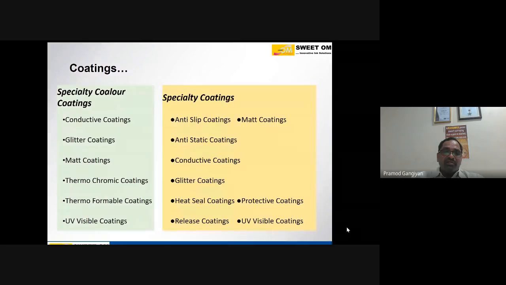We can also have something different, which is big glitters. Of course, it is not available in the automobile industry, but it is available in pharmaceuticals, in perfumes, and in high-end products like cosmetics and all those things. So we call them glitter coatings. There is another dimension which we call matte coatings.